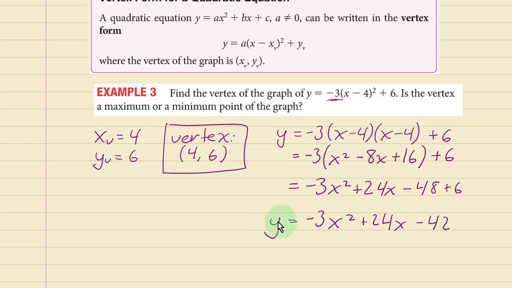So this is another way of writing this equation, and you can see that what happened with the -3 out here is that once it ended up getting distributed into everything, that becomes the a in the ax squared plus bx plus c kind of form. So because that's negative, that means this opens downward.